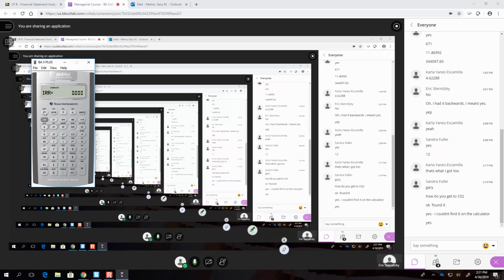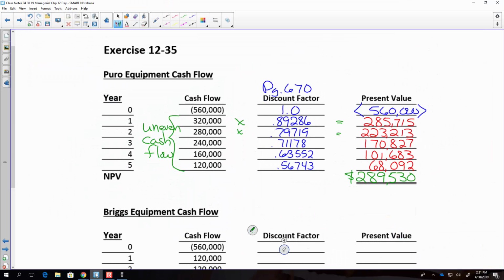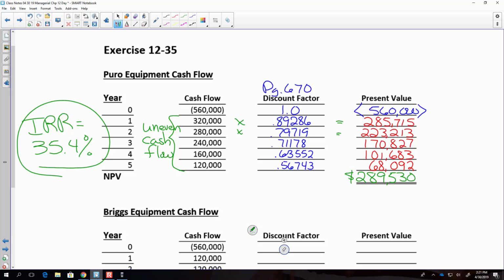The internal rate of return is 35.4%. So I'm just going to put that down too, so if you want to practice later, you certainly can. So using this cash flow, we're generating 35.4%.